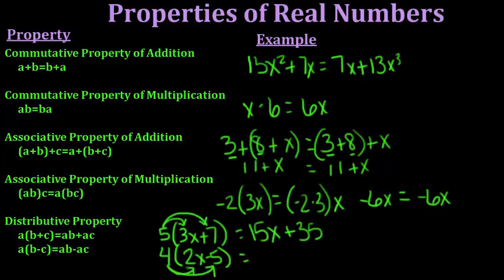So first 4 times 2x will be 8x. Now you can look at this two ways. You can say it's a subtraction, we'll keep it subtraction, and we'll just look at the numbers. So we'll say 8x minus 4 times 5 is 20. Or some people like to look at it as a negative number. So 4 times negative 5, and that will give you negative 20. Either way, you'll get 8x minus 20.